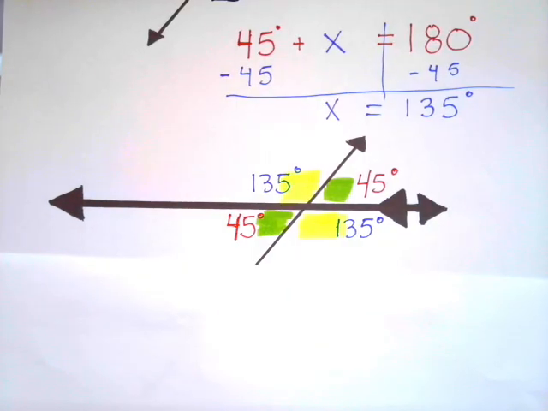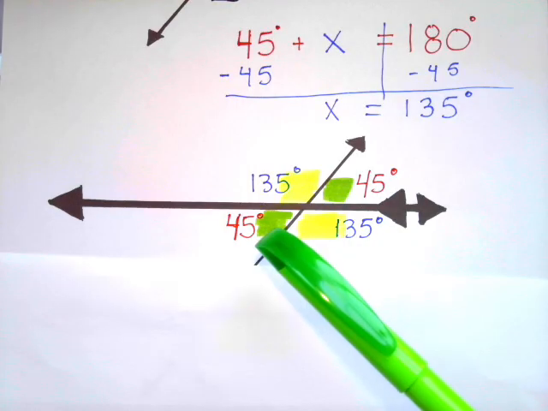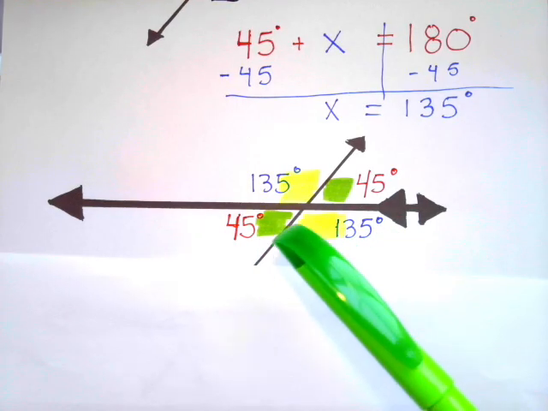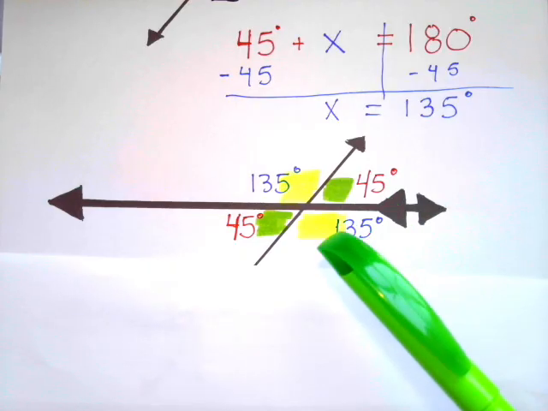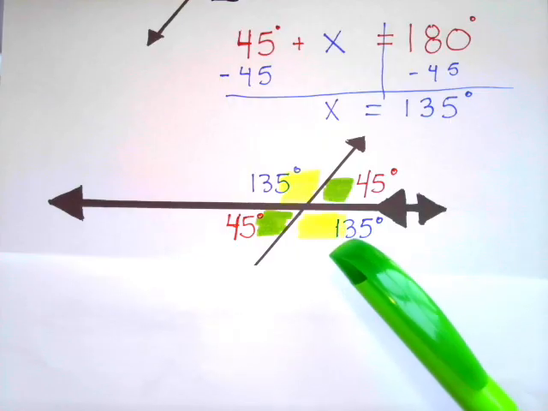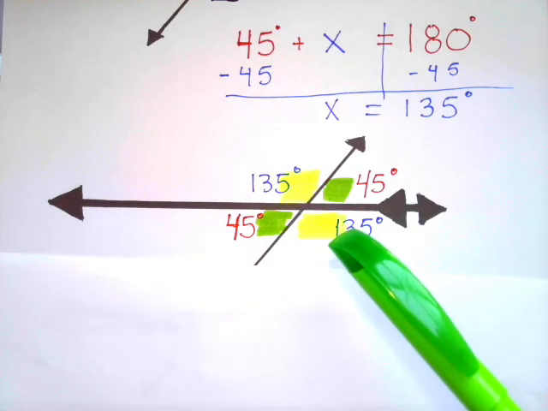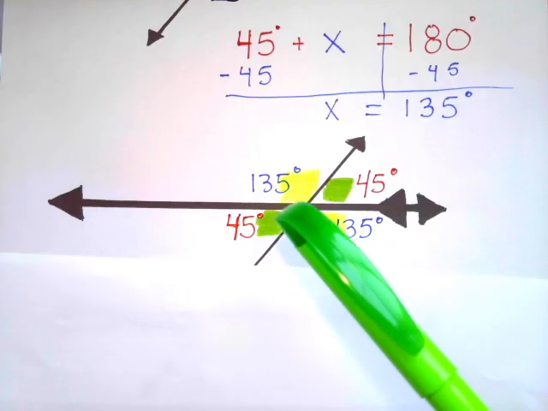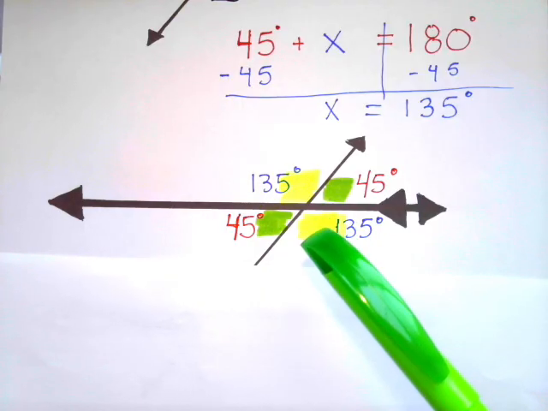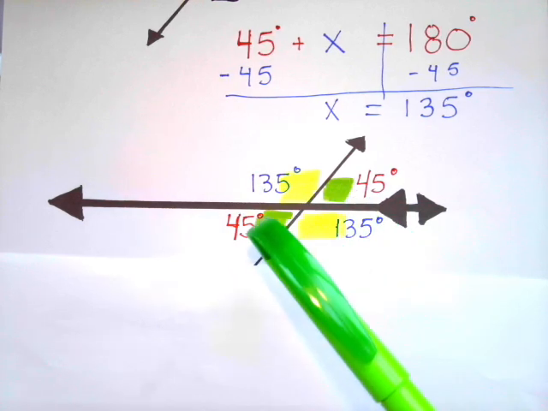I'll start here. Given was the angle 45 degrees. I just found out the angle adjacent to 45 degrees is 135 degrees, and they are supplementary angles. Again, they add up to 180. Based upon my charts, these two angles are vertical angles highlighted in yellow, and they are congruent or equal to each other. 45 and 45 are vertical angles.